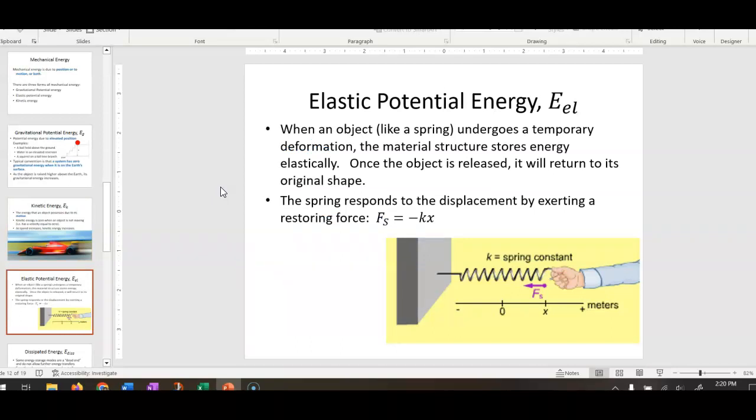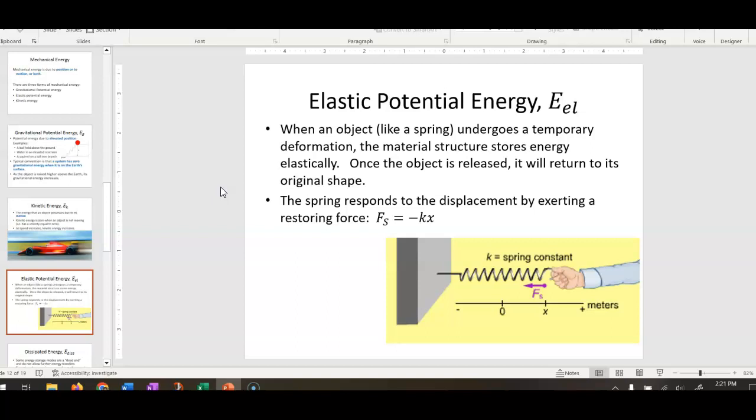The third type of mechanical energy is elastic potential energy, which is represented as uppercase E with a subscript of EL for elastic. When an object, such as a spring, undergoes a temporary deformation, then it is storing energy elastically. A deformation means a change in shape. So for example, a spring, in this picture there's a little coiled spring.